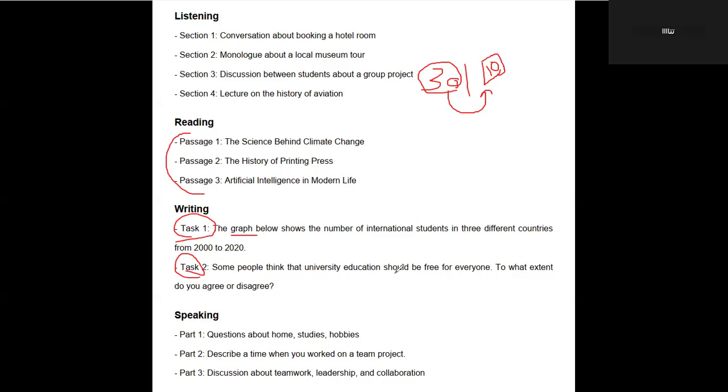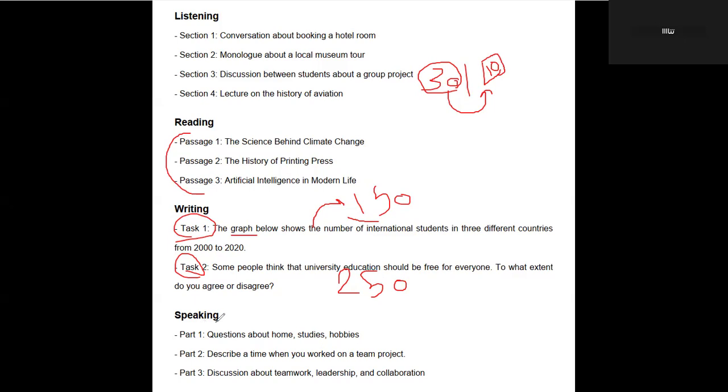And for every one of them, you have a limited number of words, which is 150 here, and here it's 250. You shouldn't write less or more, only the exact number, because you will reduce your band if you go against the rules.